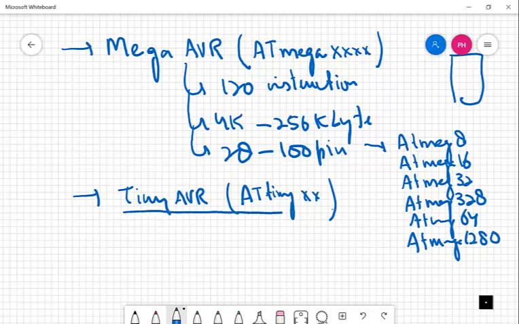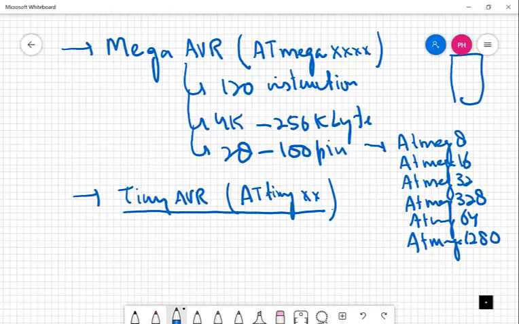Now, tiny AVRs. These are those group of microcontrollers which have fewer instructions and smaller packages in comparison to the Mega family, so that we can design systems with low costs and low power consumption. Those systems where we need very little computing power, we use these tiny AVRs.